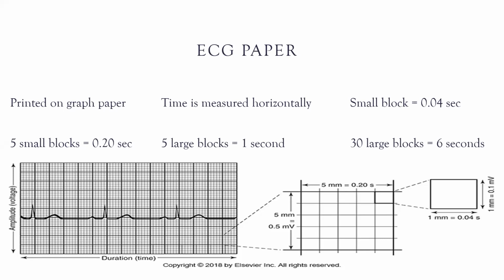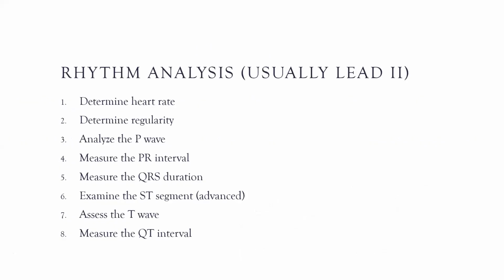When you count a total of 30 large blocks, you then have a 6-second strip, which I recommend as your ability to count. I prefer the 6-second strip method just because it's easier to count the 30 blocks, figure out what's going on within those 30 blocks, and keep it moving. Again, your rhythm analysis has a very repetitive, very straightforward 1, 2, 3, 4, 5, 6, 7, 8.